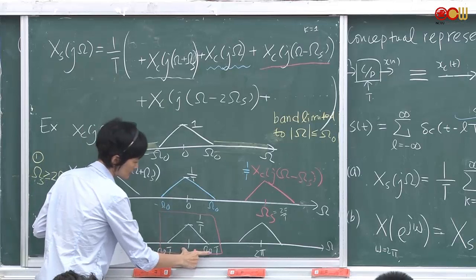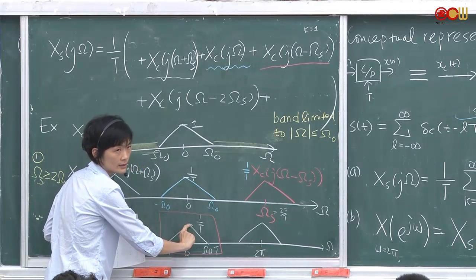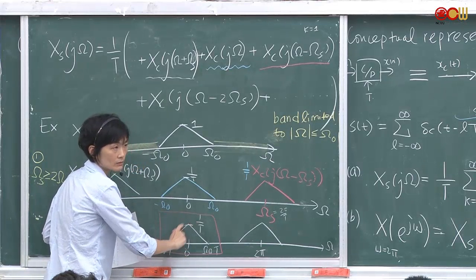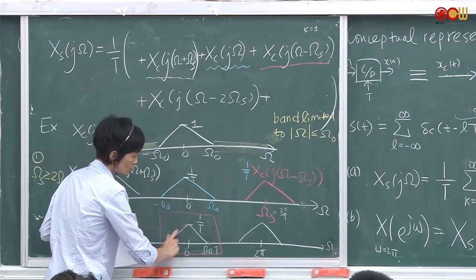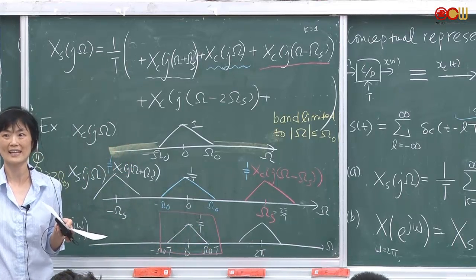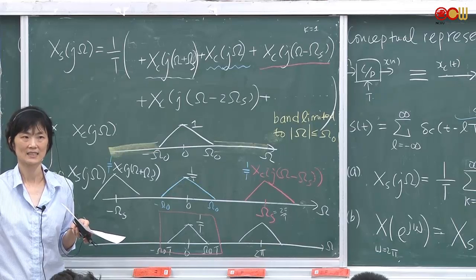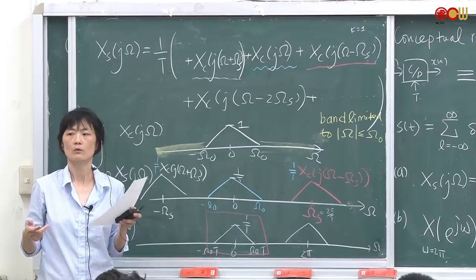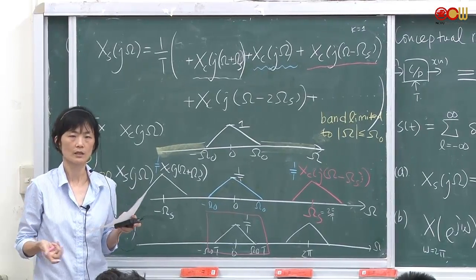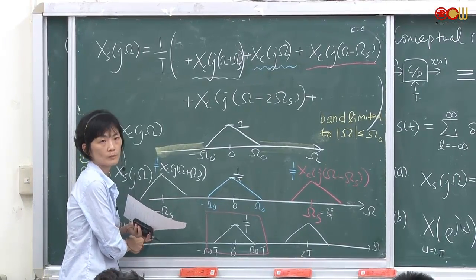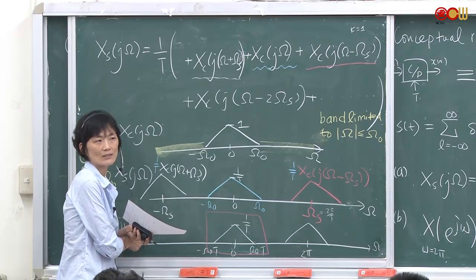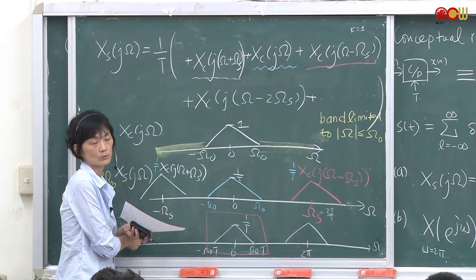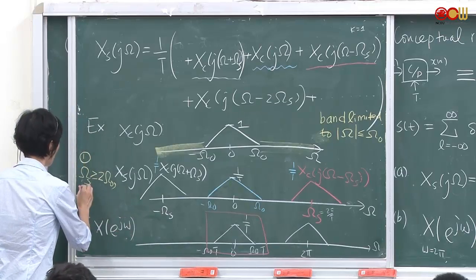Although there's some frequency scaling and scaling in height, if I tell you what this is, do we know what the original Xc is? We should be able to get back Xc. And so in the video, we will talk about reconstruction. In this particular case, we will be able to reconstruct the original continuous time signal.